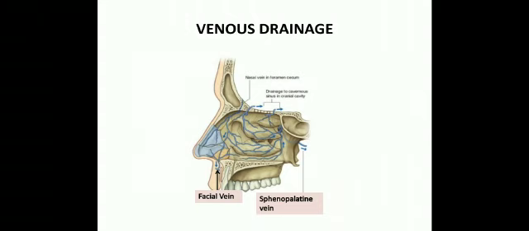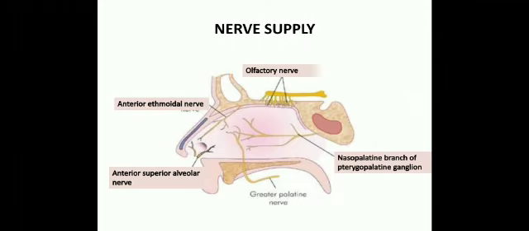The venous drainage: anteriorly it drains into the facial vein and posteriorly into the sphenopalatine vein. The nerve supply: antero-superiorly it is supplied by the anterior ethmoidal nerve, antero-inferiorly by the anterior superior alveolar nerve, and posteriorly by the nasopalatine branch of the pterygopalatine ganglion.